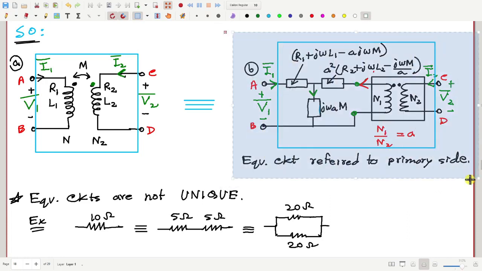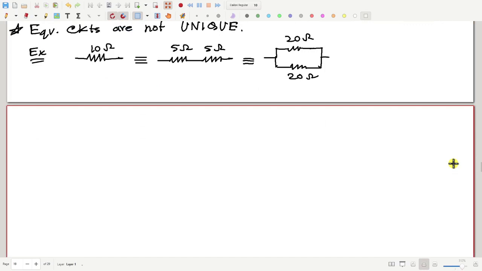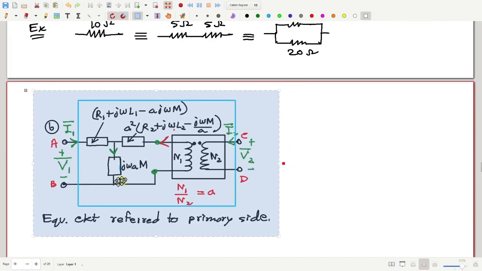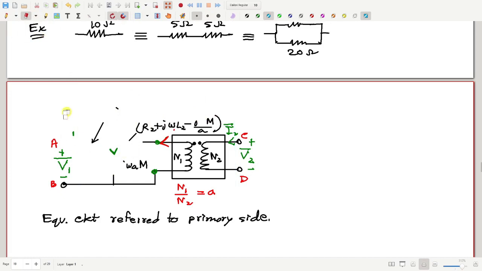Yeah. Now let me tell one more thing. As you can guess, if there is a circuit called the equivalent circuit referred to primary side, then there should be another circuit called the equivalent circuit referred to the secondary side. How will that look?